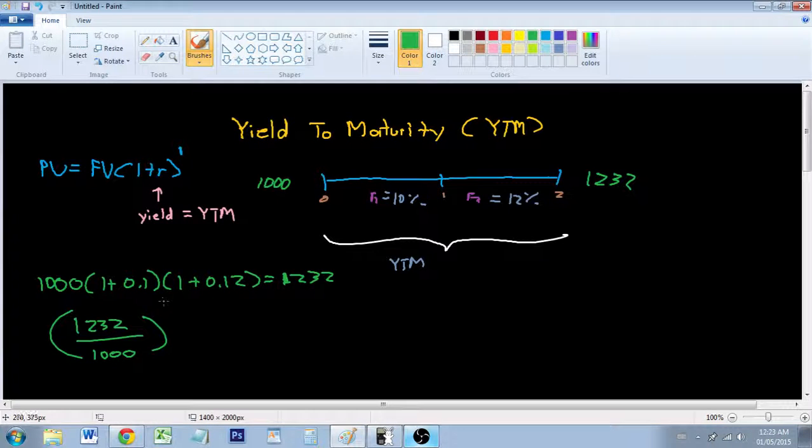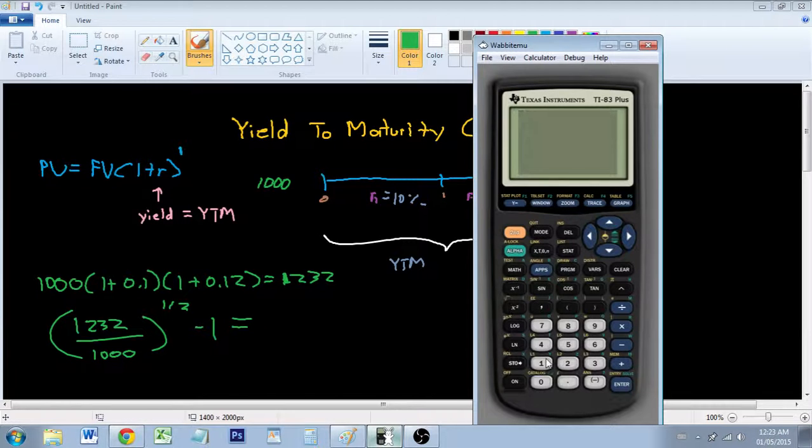In this case, we only have 2 time periods. And if we minus 1, you're going to get your interest rate. So let's see what that is. 1232 divided by 1,000, to the power of 1 divided by 2, minus 1. You're going to get about 11%.